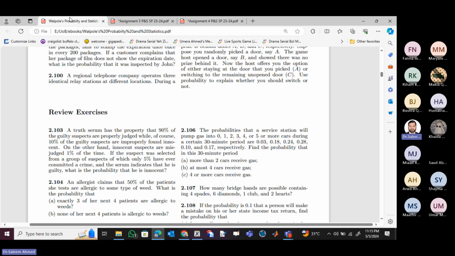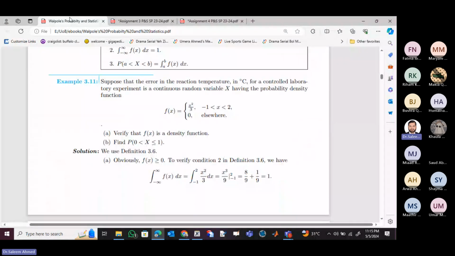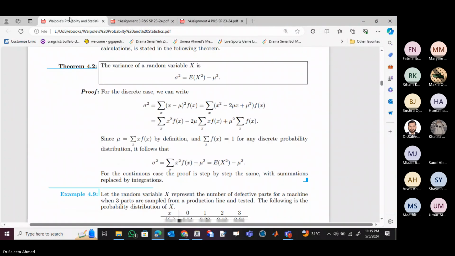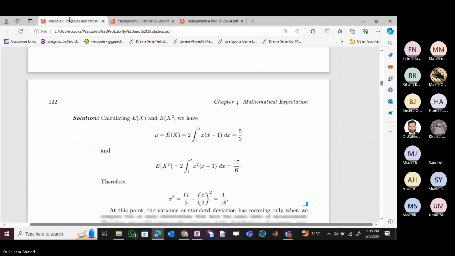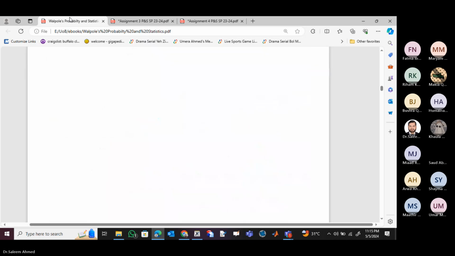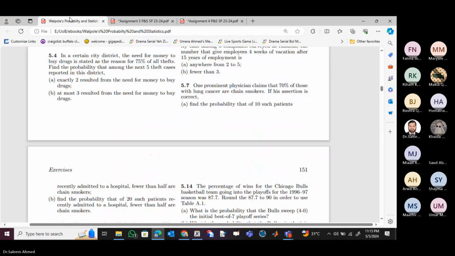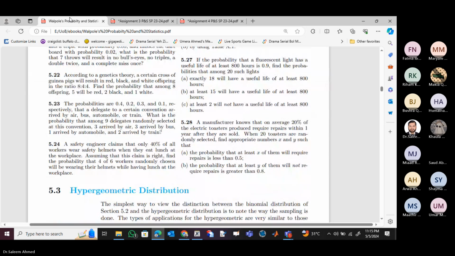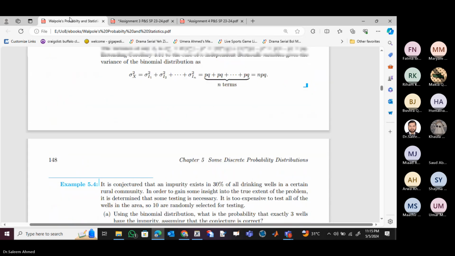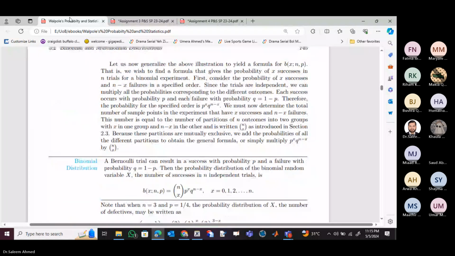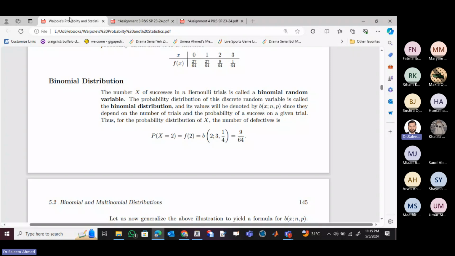Let's say if I have binomial. This was binomial distribution.